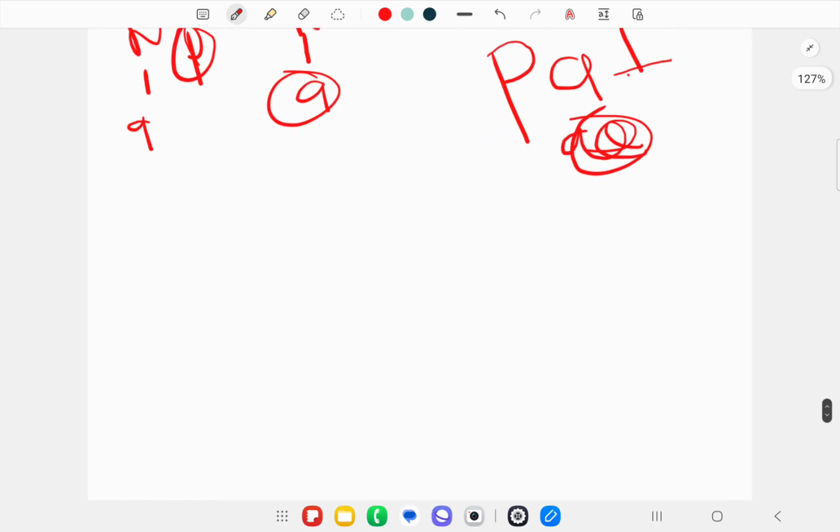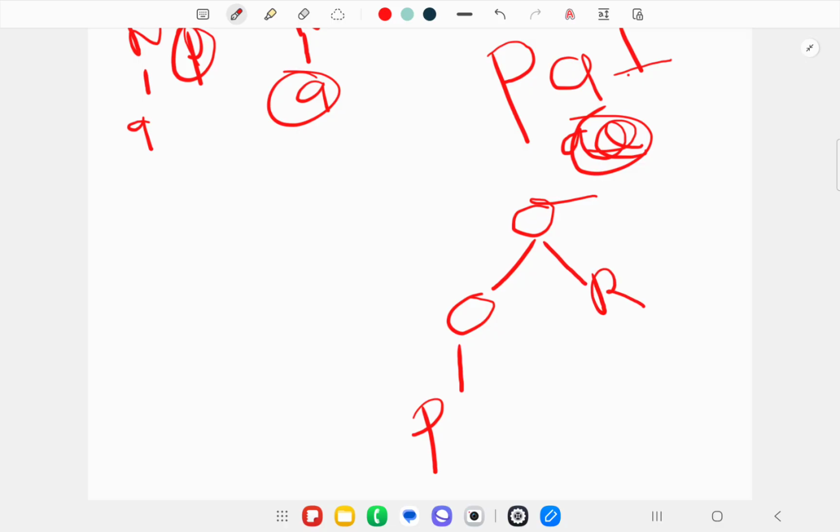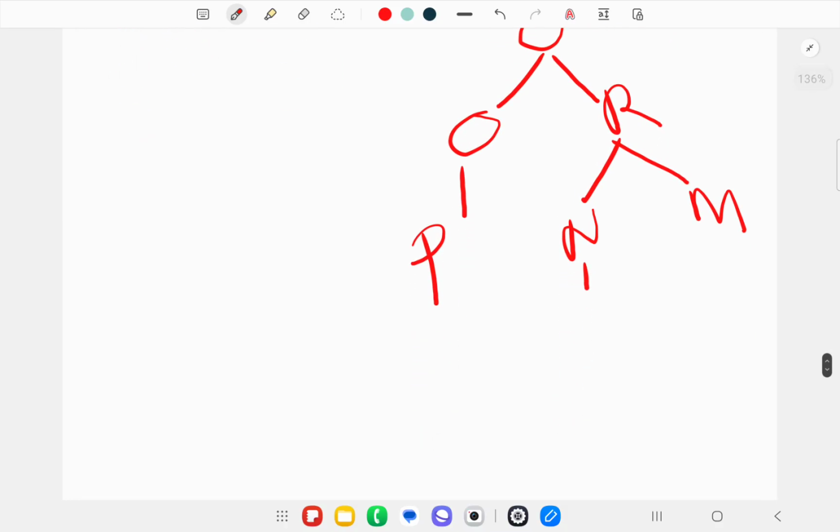So when we draw the tree diagram of this one, this will be the syllable, and after that the p sound will always be the onset, and this one is p, while this one will be R. R means rhyme, and a rhyme is divided into two parts. The first one is the nucleus and the other one is the margin. So in the position of the nucleus there will be the ei sound, which is the diphthong. Okay. So this one is all about the syllable weight.